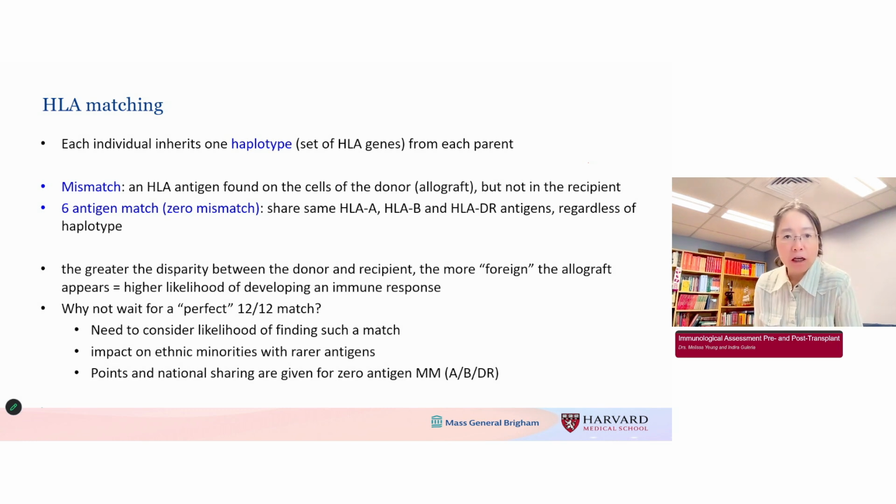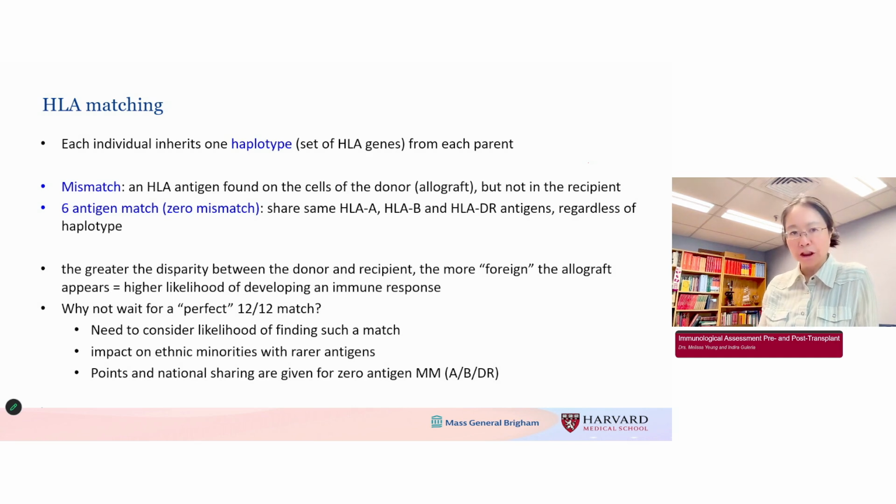Okay, so when a donor becomes available and you want to decide whether this is a well-matched kidney or not, let's think about some of the nomenclature or terminology that's used. We term something an HLA mismatch when you have an HLA antigen that appears foreign to the recipient.